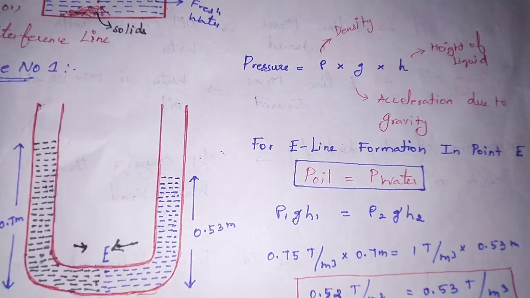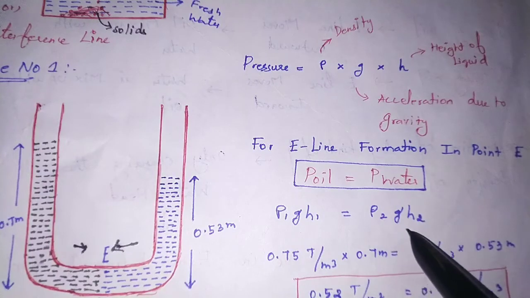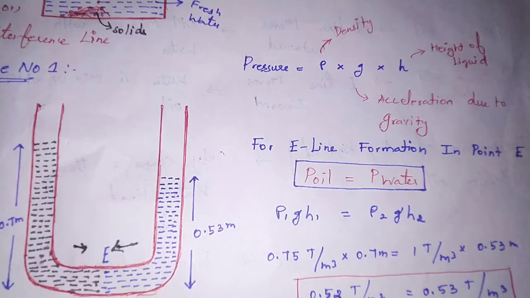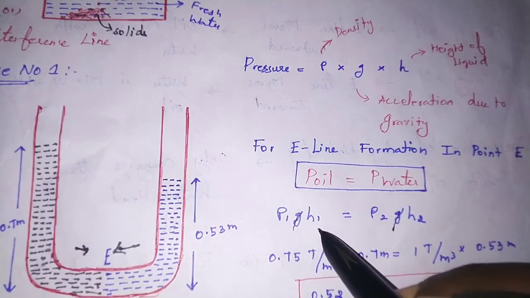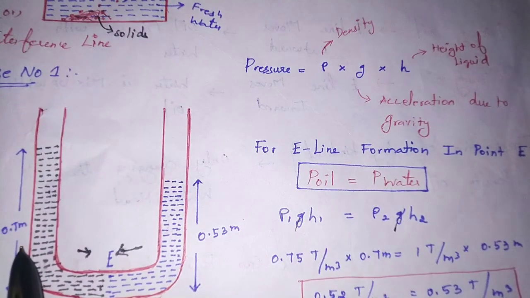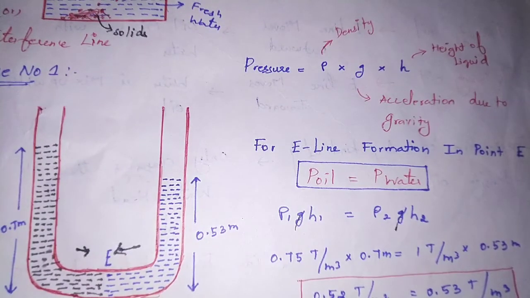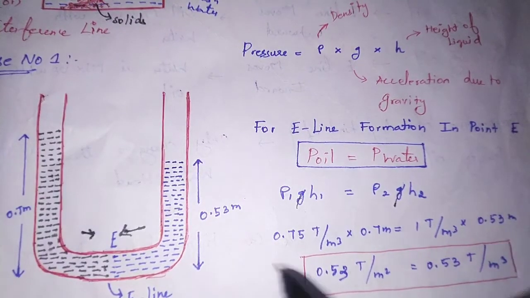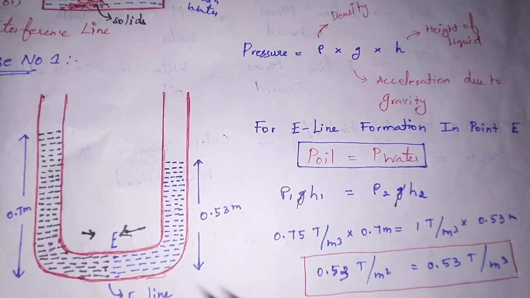Oil pressure is equal to rho 1 g h1 and water pressure is equal to rho 2 g h2. So the oil density is 0.75 ton per meter cube, g cancels out, and h1 is 0.7 meter, which is equal to the fresh water density of 1 ton per meter cube into the water head of 0.53 meter. Here you can see both pressures are equal, so the E line will be formed at that point.